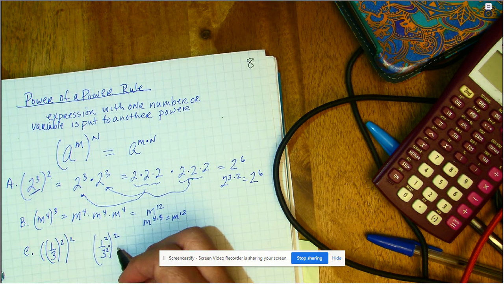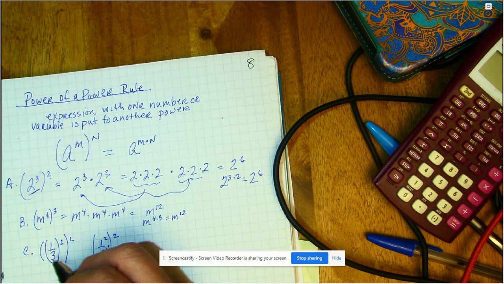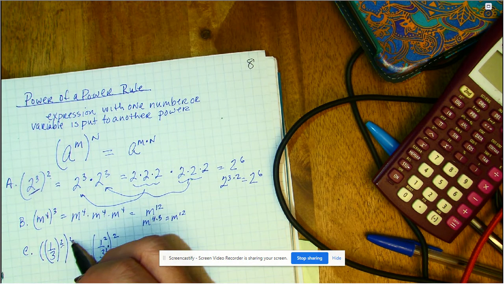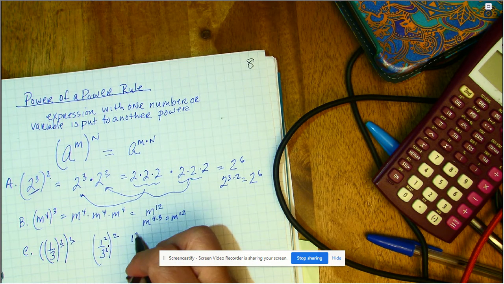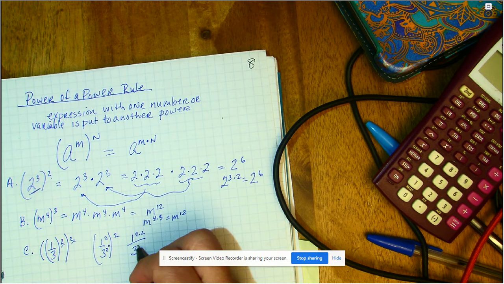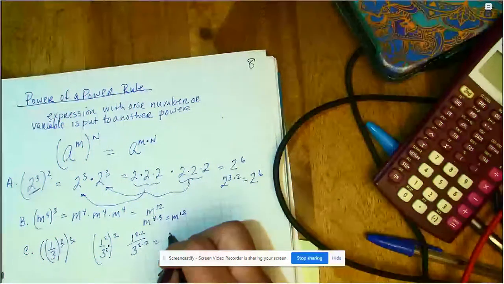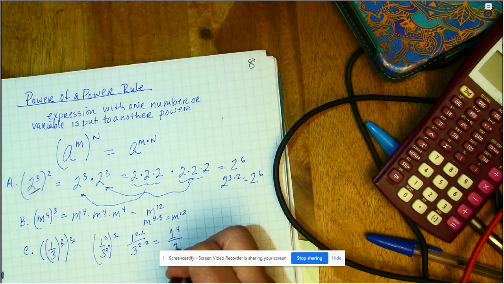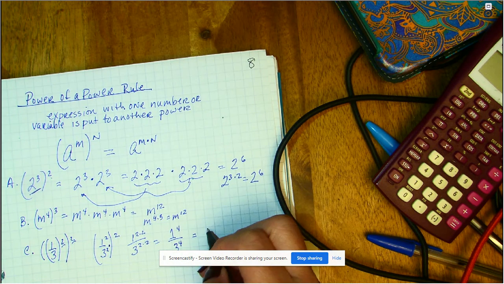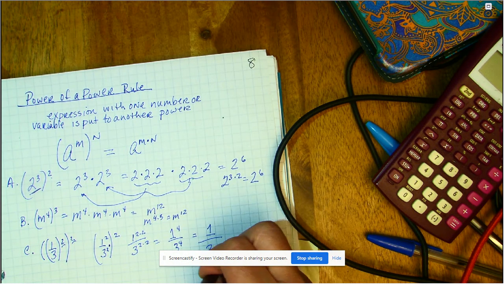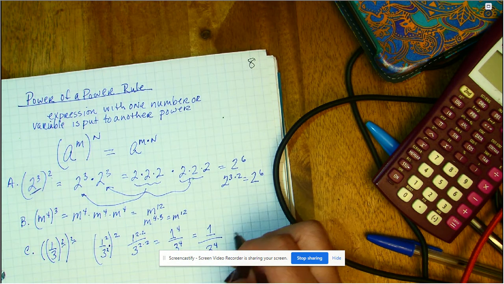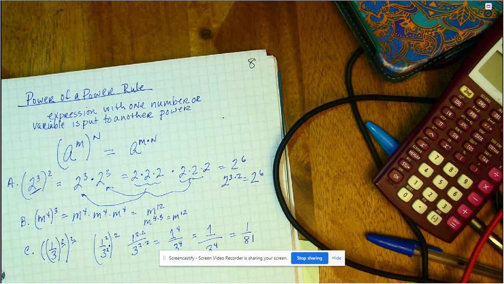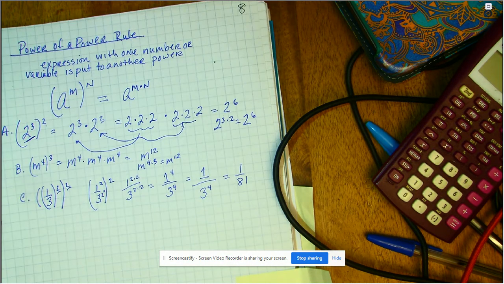This is where the distributive property comes in: this 2, just like the other 2, needs to apply to both the numerator and the denominator. So I'd have 1 to the 2 times 2 on top, and 3 to the 2 times 2 on bottom. So 1 to the 4th over 3 to the 4th. And we always know 1 to any power is just 1. I could leave it like that, or find that 3 times 3 is 9, and I have that twice, so that equals 1 over 81. And that is the power of a power rule.